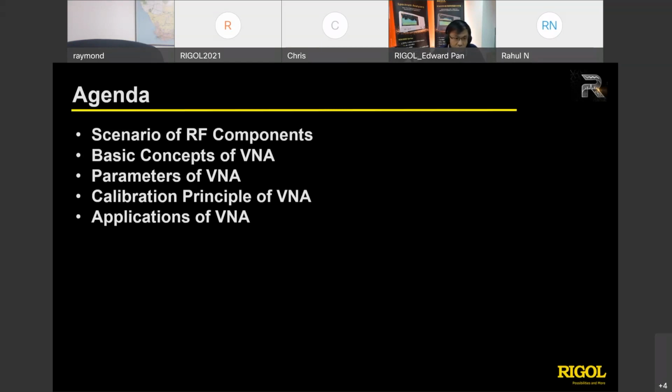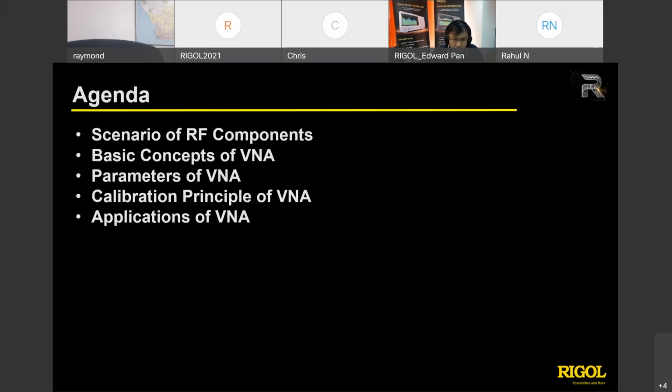Okay, so I will introduce the scenario of the RF component. Today I will separate it into 5 topics. The first one, I will introduce some RF components combined with wireless communication in the market. Then we will go through the basic concept of vector network analysis.